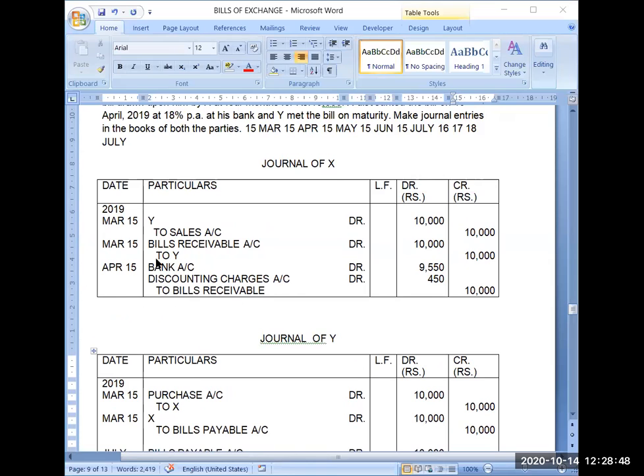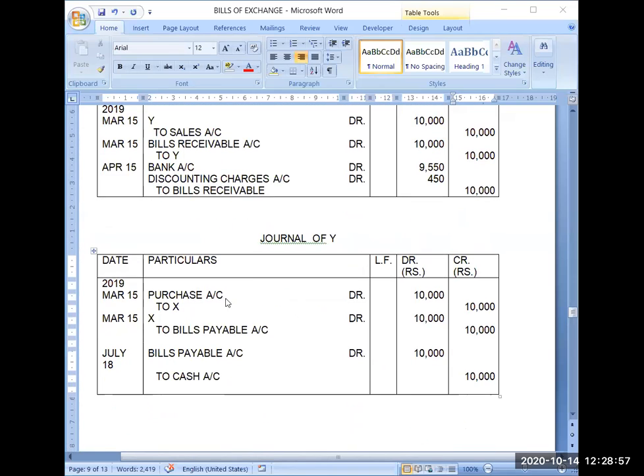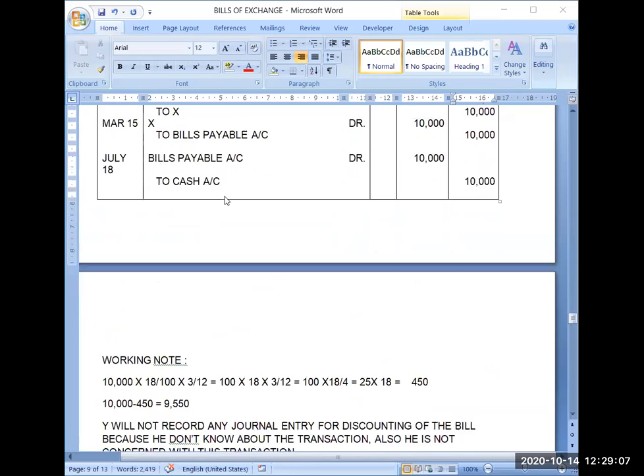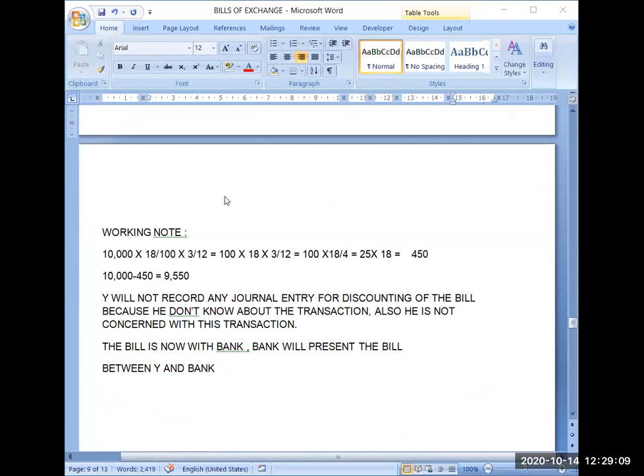Then another concept was how to record this transaction when the bill is getting discounted from the bank. Why we will not be recording this transaction in the books of Y, and on the due date Y will make the payment and X will not record this transaction. So these are the new concepts in this question, and I hope these are all clear to you now.